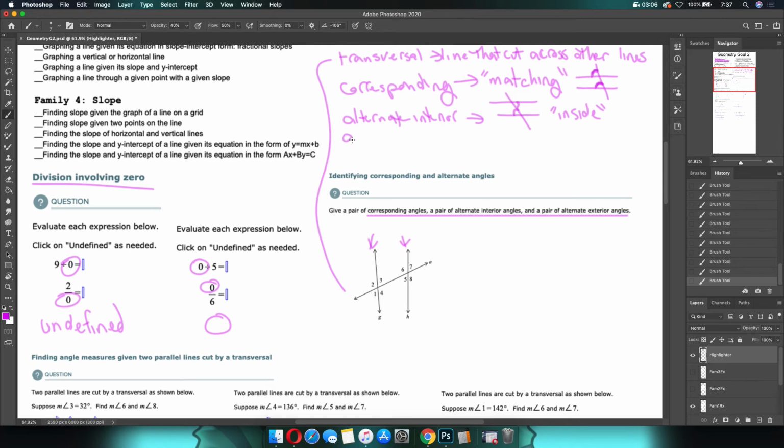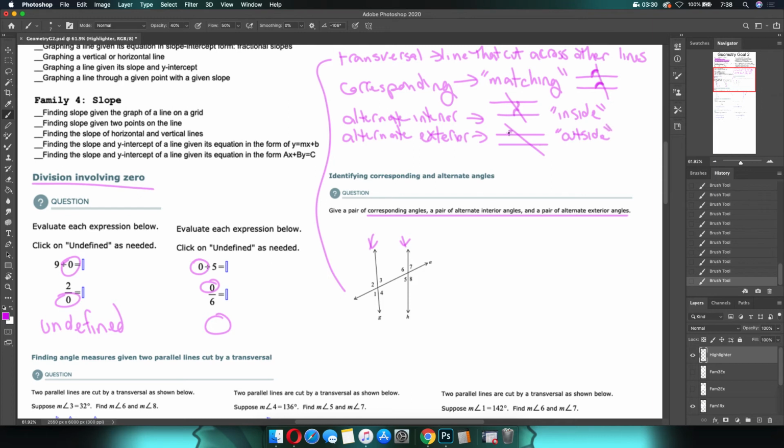Next up, you have alternate exterior. And there's our transversal. Exterior then is going to mean outside.